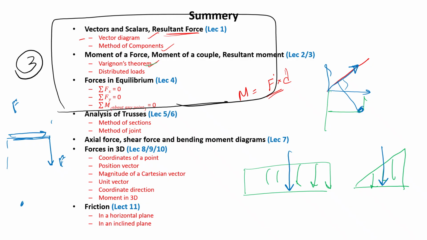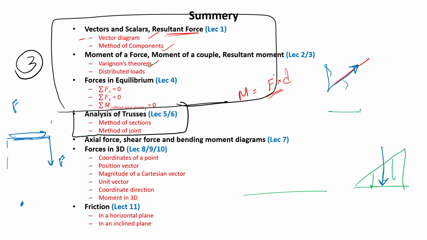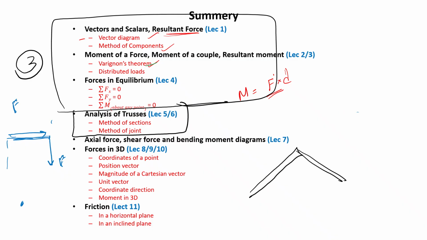And trusses, do you know what trusses are? Yes, trusses are like this. You can see trusses in roofs, and also in bridges. In trusses, we assume, and in your syllabus you have, forces acting only at the joints, with no forces acting on the member in between the joints.